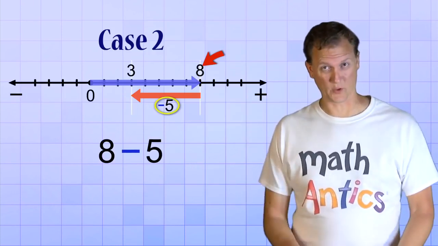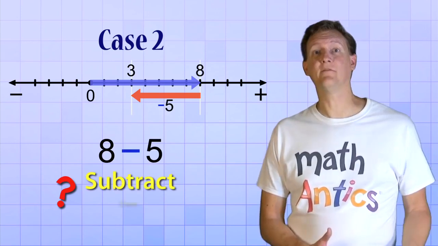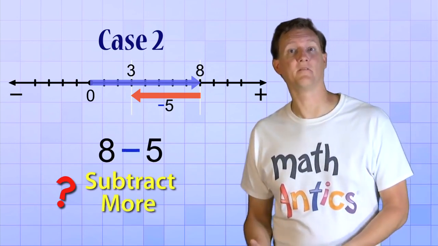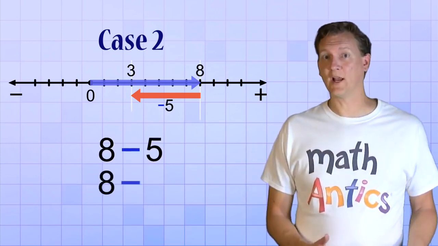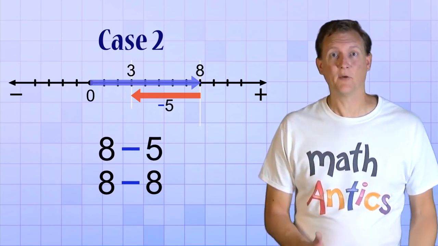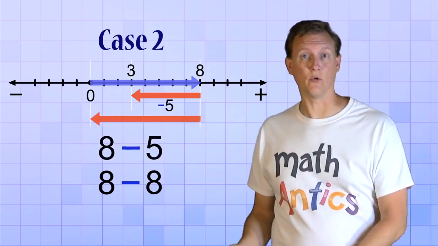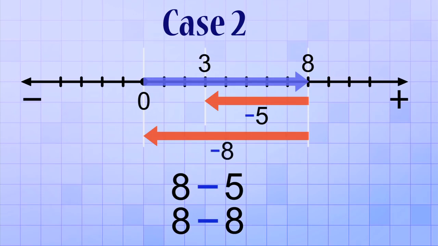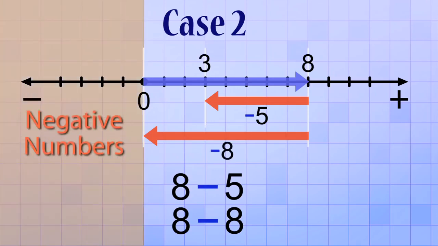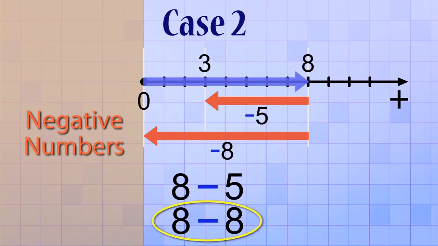And that raises an interesting question. What if we subtract even more to move it further in the negative direction? Like what if we subtract 8 instead of 5? That would take us all the way back down to 0 on the number line. And before you knew about negative numbers, back when you thought the number line just stopped at 0, you probably thought that's all we could take away.